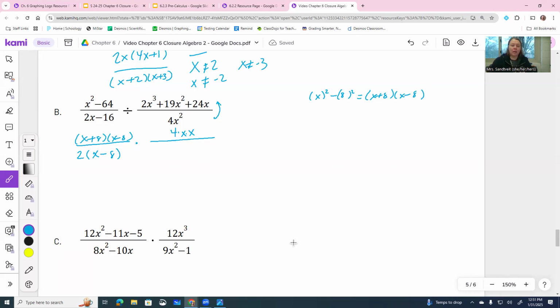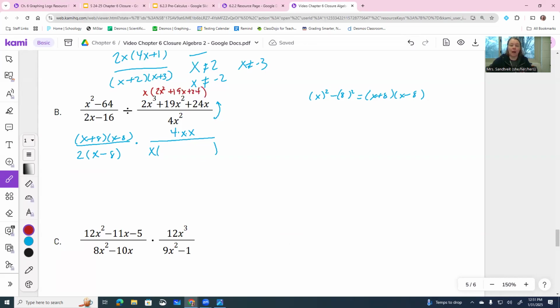And then when I look at this, I notice I have a common factor of, let's see, an x, right? They all have an x. So I'm going to have an x in front. And I think up here, I'm just going to write, what would I have left? If I pull an x out, I would have 2x squared. Sorry, I forgot that 2. 2x squared plus 19x plus 24.